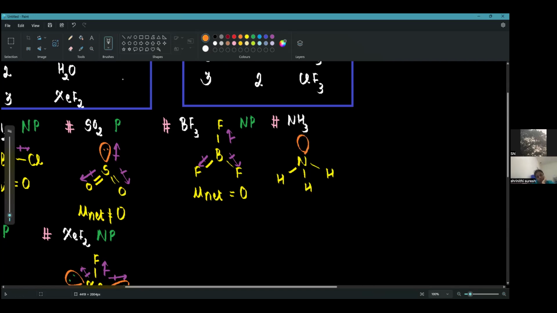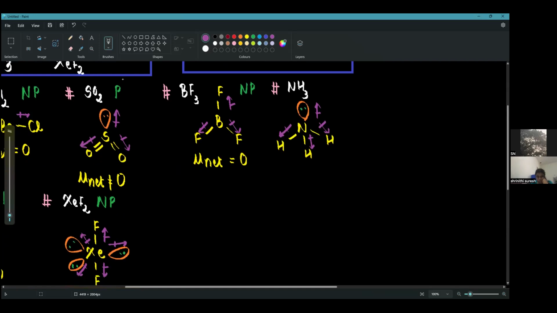You will have a lone pair of electrons over here. So over here the net dipole moment is non-zero because you have a lone pair of electrons, so the molecule will be polar in nature. Got it?